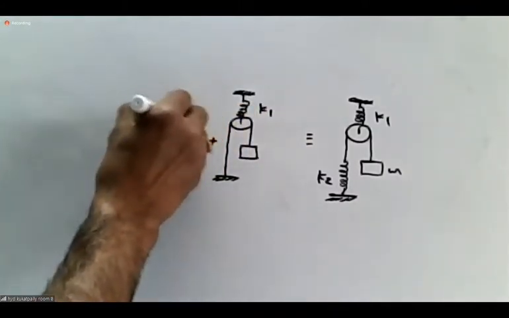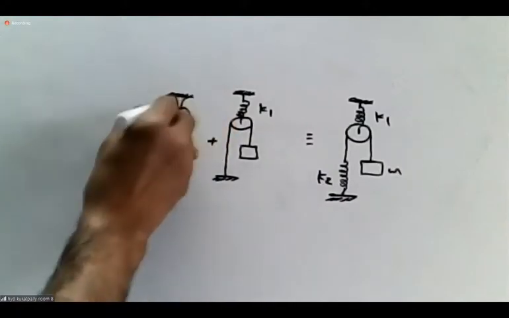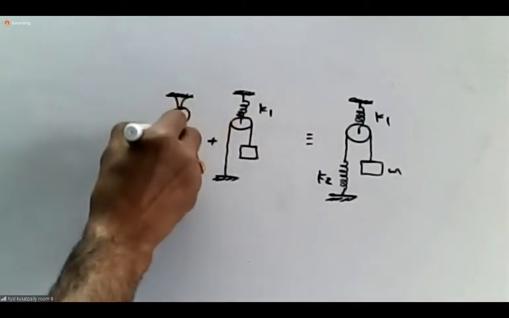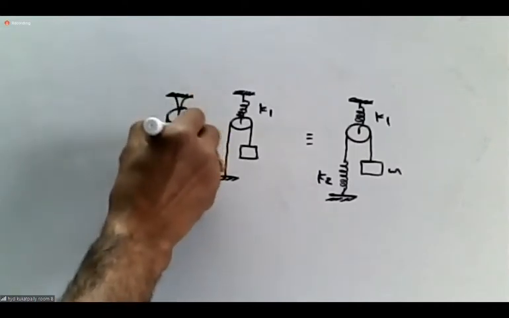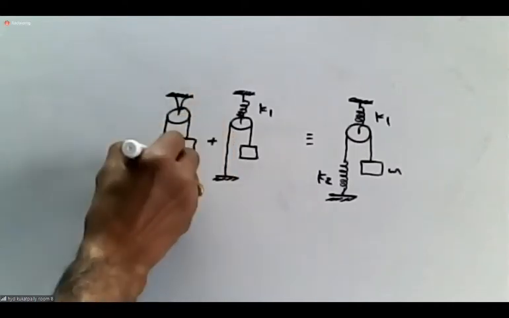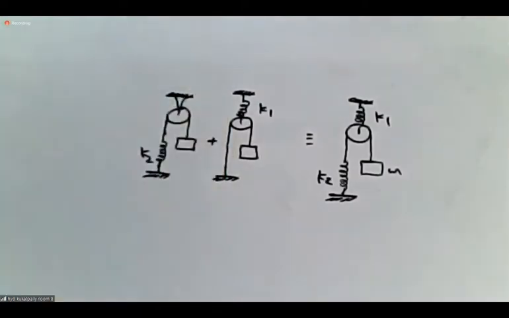Now this one you replace, this one you fix, and put this spring. Sir, why are we doing like this? For the ease of understanding only.